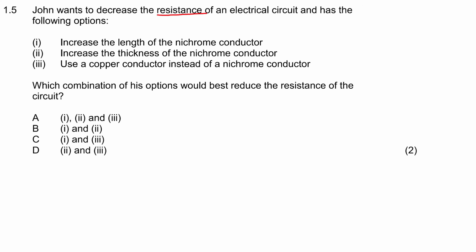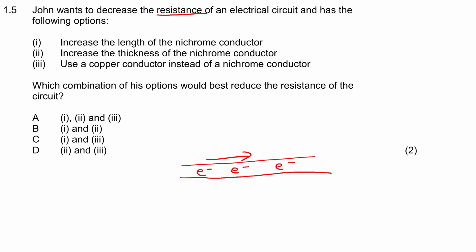I know it's something that we talk about in electrical circuits, but let me actually just make this very easy for you. So we know that we have a piece of wire, okay, because we can see here increase the length, increase the thickness. So we've got a piece of wire. So there's the wire, and we must understand that inside a wire, you've got electrons. And those electrons are trying to move, okay?